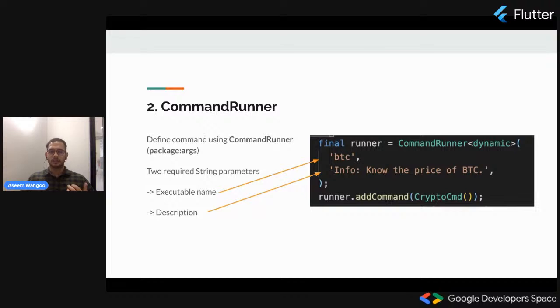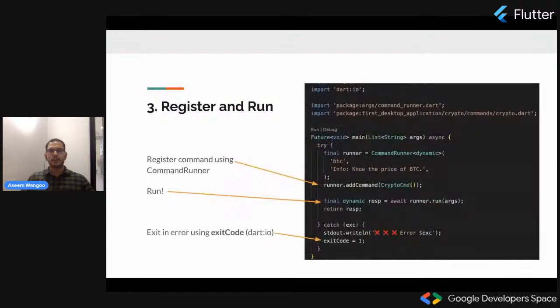And now the third step is to register this command so that our CLI recognizes it. So third step, register and run. We register our crypto command using the runner, which comes from the command runner package. Using this, we register that our CLI will respond to the crypto command, and the crypto command includes the command BTC.